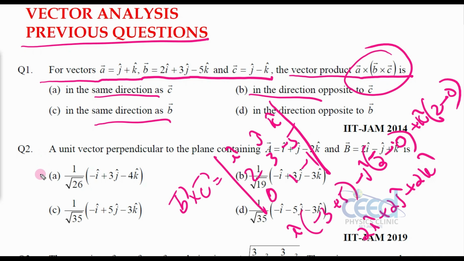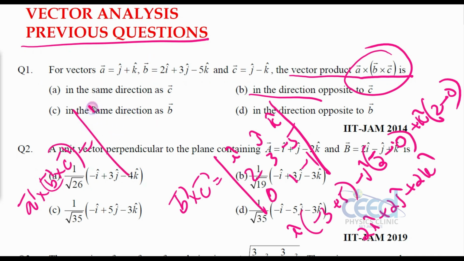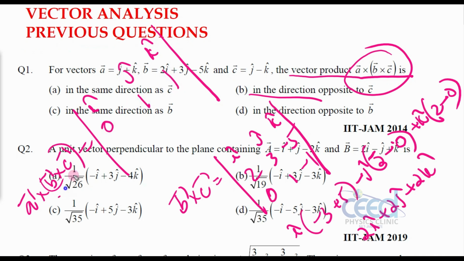Now we need to find A cross B cross C, right? A cross B cross C is equal to the determinant with I cap, J cap, K cap, the coefficients of A, that is 0, 1, 1, and the coefficients of B cross C, that is 2, 2, 2.